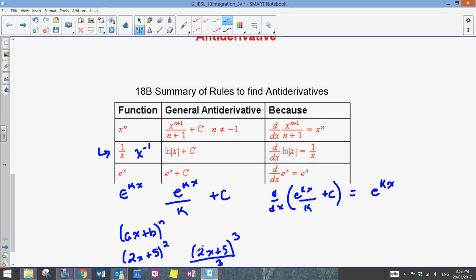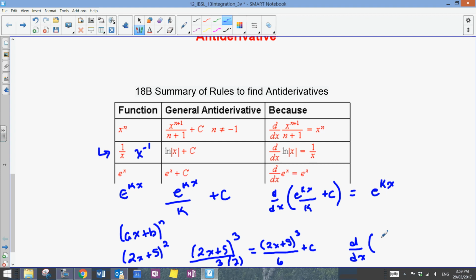Normally I would multiply by the derivative of the inside, so now I'm also going to divide by that additional 2. All right, so I'd also multiply by a 2. So what I'd wind up with is 2x plus 5 to the third, all divided by 6, plus a possible constant.